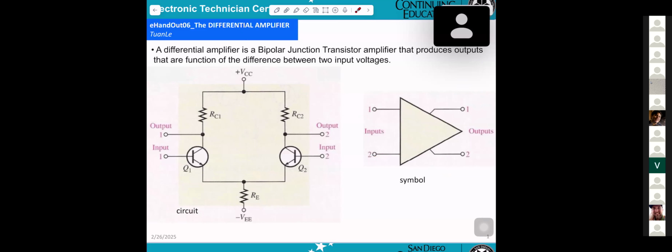When you see this amplifier symbol, you have to understand this is a differential amplifier. Two inputs and two outputs. Assume both transistors are identical. Q1 and Q2 are the same thing, RC1 and RC2 the same thing.